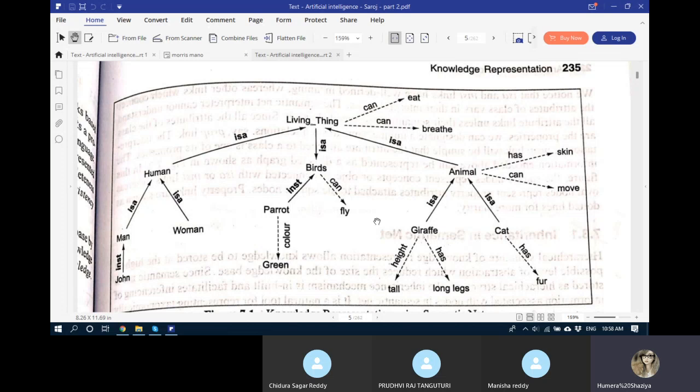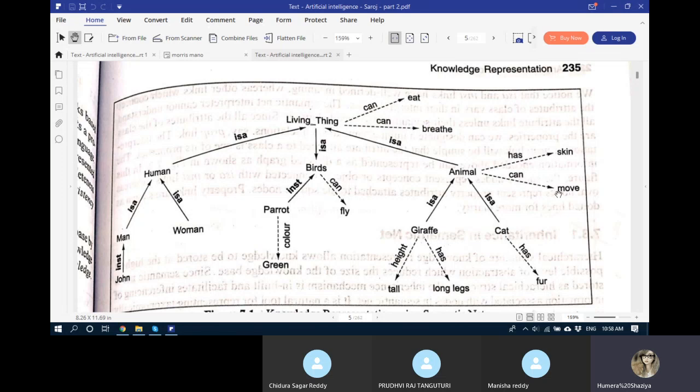Bird is a living thing, and fly is a property of bird. Birds can fly. And animal here, giraffe is tall, means the height of giraffe is tall, and giraffe has long legs, and giraffe is an animal. And then cat has fur, cat is an animal. And all animals have skin, and all animals can move.